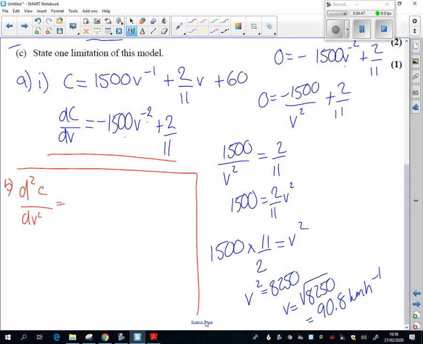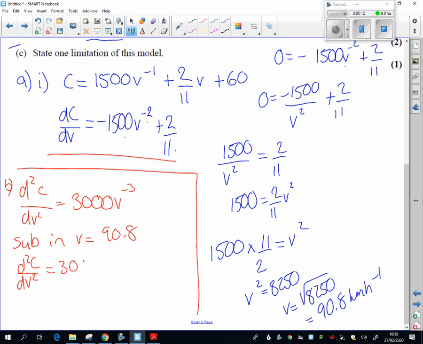I'm going to multiply by the negative 2, that'll make it positive 3,000, and reduce the power by 1, and the 2/11ths will just differentiate to 0. I'm going to substitute in my value for v, which was 90.8.